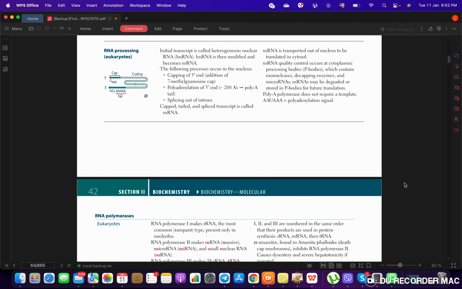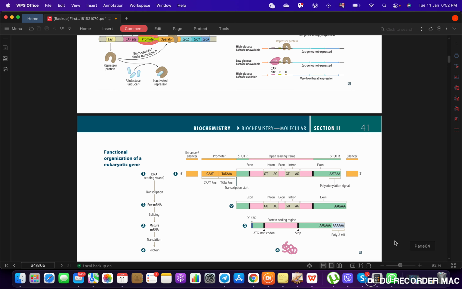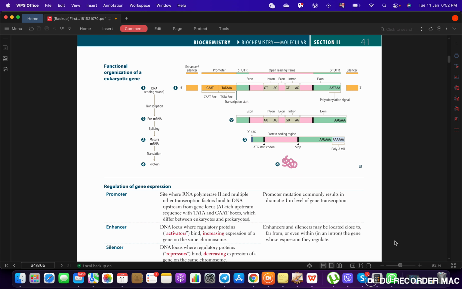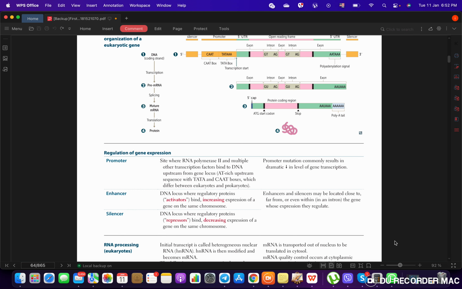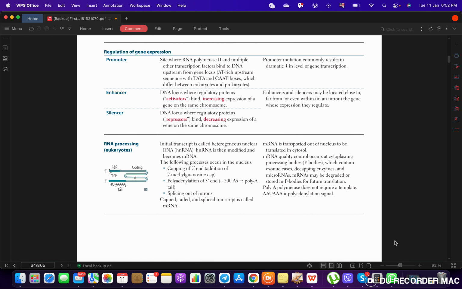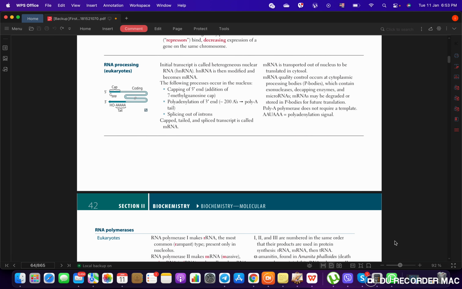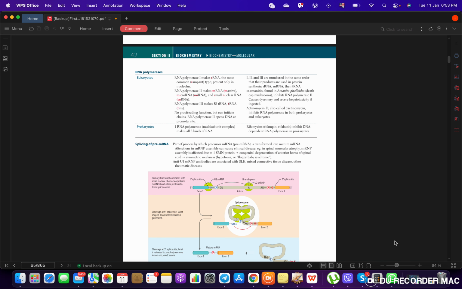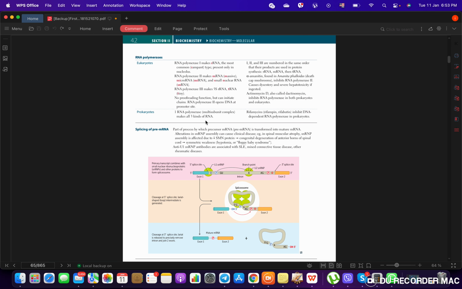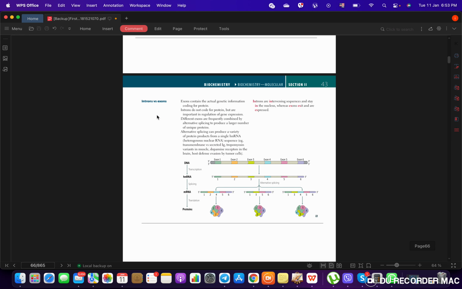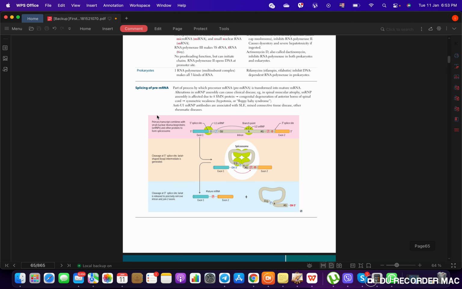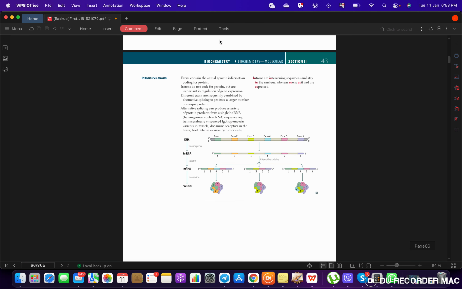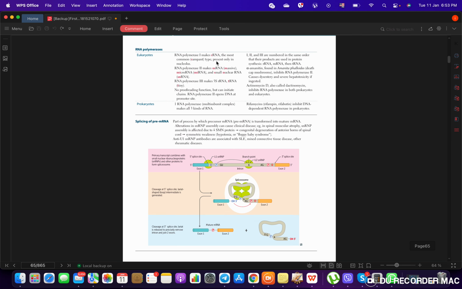Okay? So that was all about the functional organization of the eukaryotic gene and how the regulation of the gene expression occurs and how the RNA processing occurs. So now I will be speaking next about the RNA polymerases, and hopefully, according to my plan today, we should speak also about the splicing, and we should speak about introns and exons.